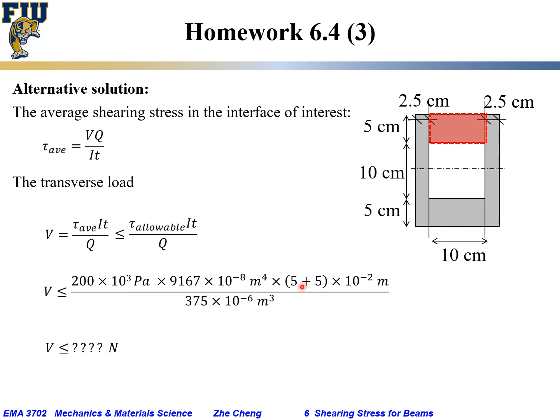You add it up, 10 centimeter, times 10 to the minus 2 meter. And finally, the first moment we calculated for the red shaded area. As a result, we should be able to get the same exact answer. Okay, and the transverse or vertical shear that can be applied has to be equal to or smaller than this value when we consider the limitation of shearing stress for the interface of interest.